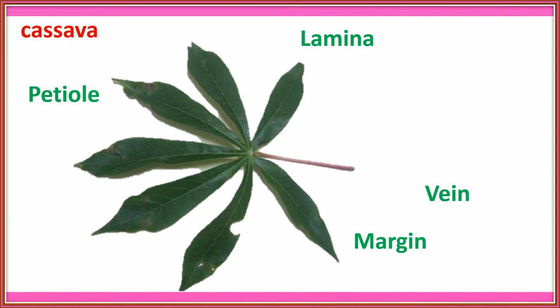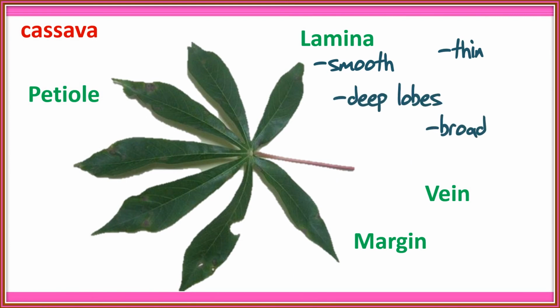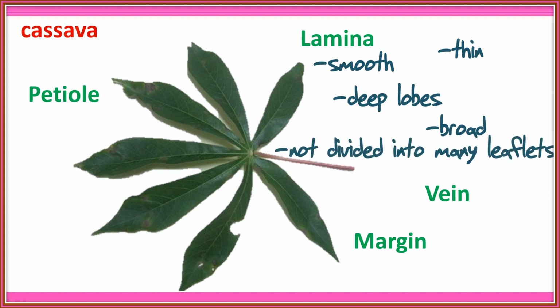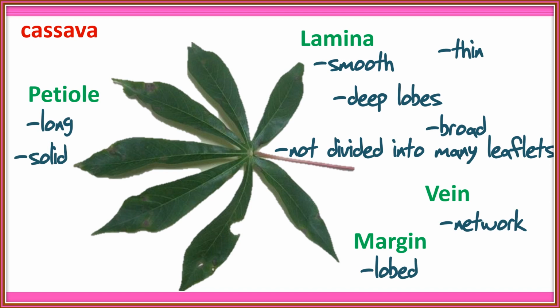Go to the cassava. The lamina is smooth, thin, deep lobes. It is broad, not divided into many leaflets. It has network venation. The margin is lobed. The petiole is long. It is solid, grooved towards the base.